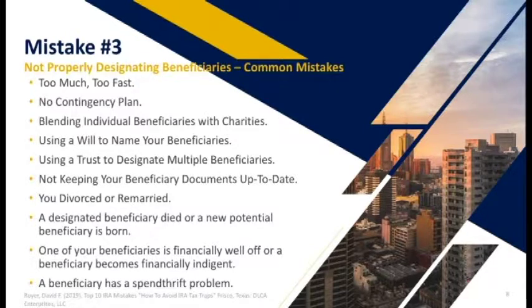What that means is that when you designate your beneficiaries, it may be that you just have a primary beneficiary. You need a contingent beneficiary as well. Suppose the IRA owner has a spouse and both die. Usually, one of the spouses designates the other as a primary.